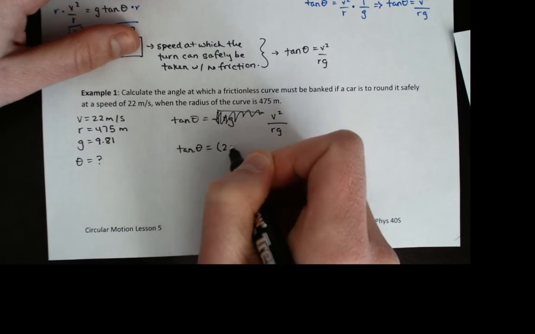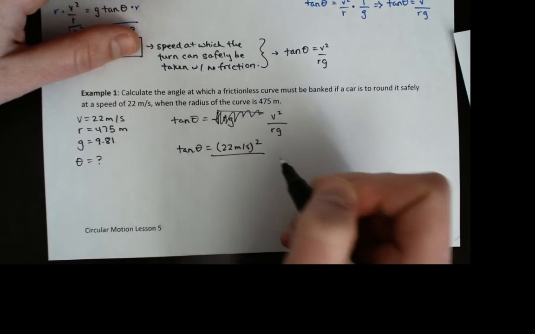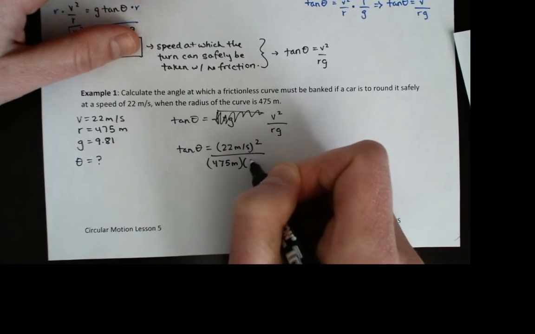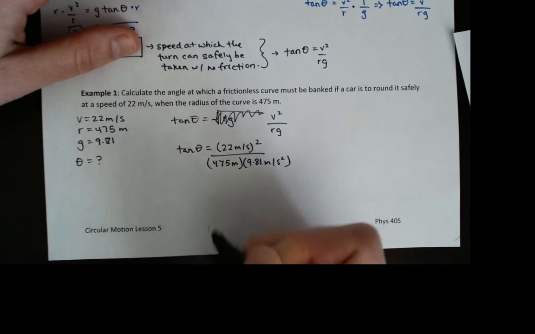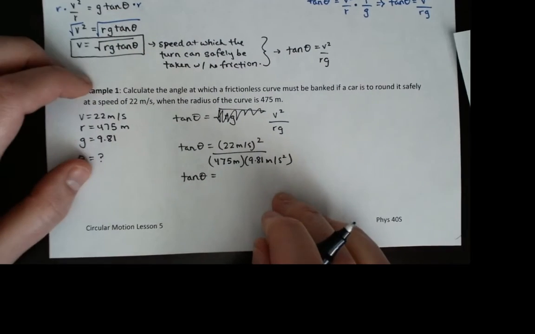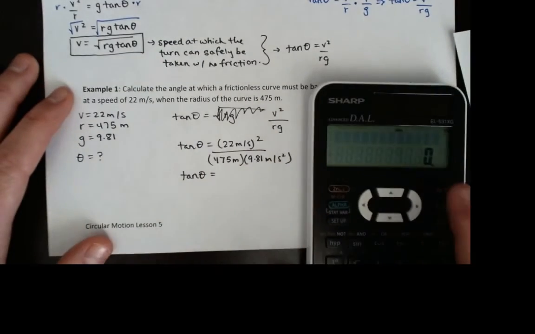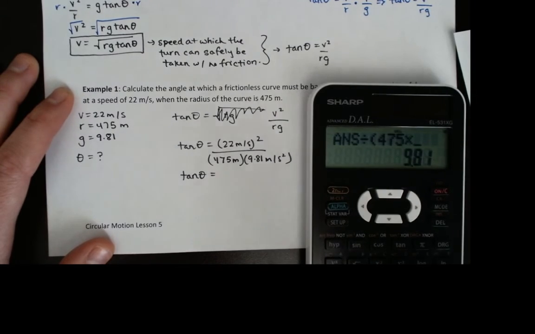Tan theta is 22 meters per second squared. Don't forget to square it like I did. Over 475 meters times 9.81 meters per second squared. You get a bit of a decimal. 22 squared divided by 475 times 9.81.